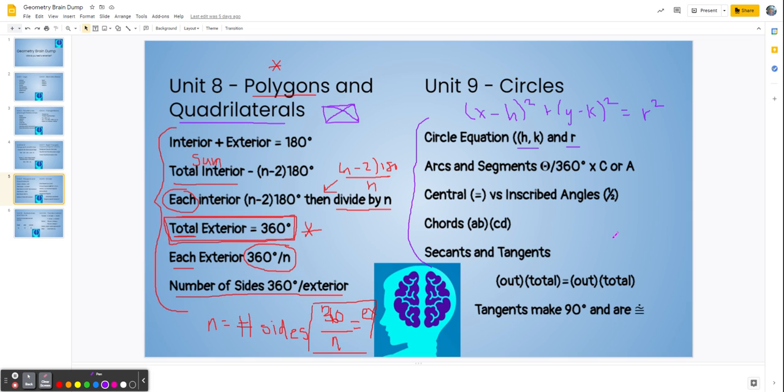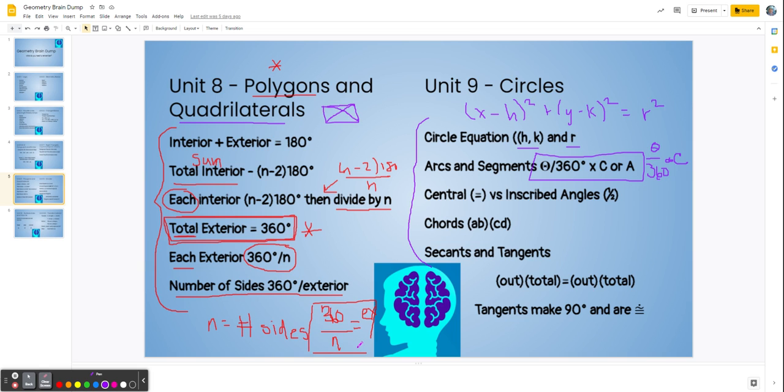We've got arcs and segments. That weird circle with the line through it is just the theta. So that's the angle divided by 360, and then times either the circumference or the area, right? The number of sides, 360 divided by exterior.